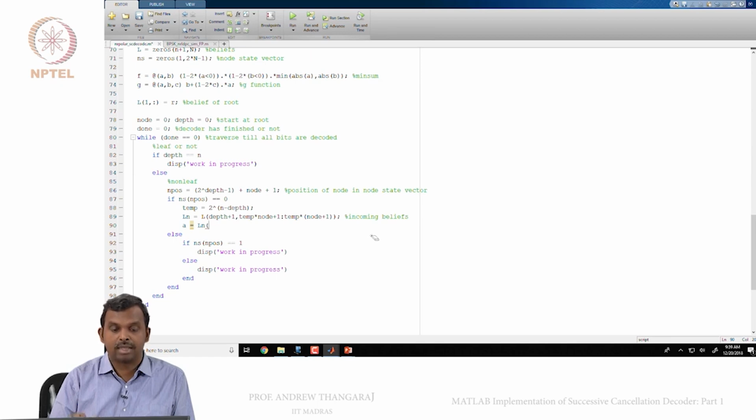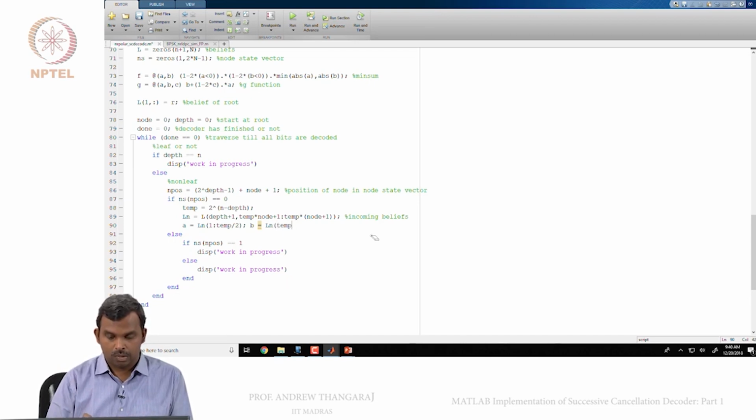The length of this is temp. So Ln of 1 colon temp by 2. B is Ln of temp by 2 plus 1 colon end. So this is the A and B.